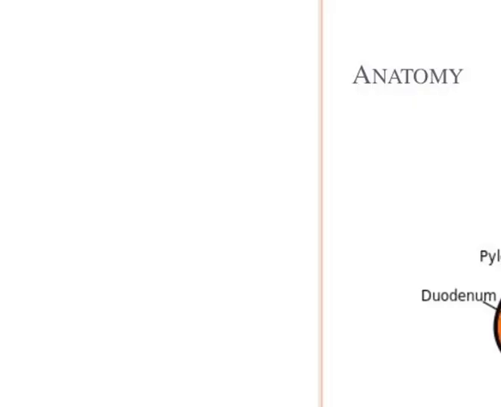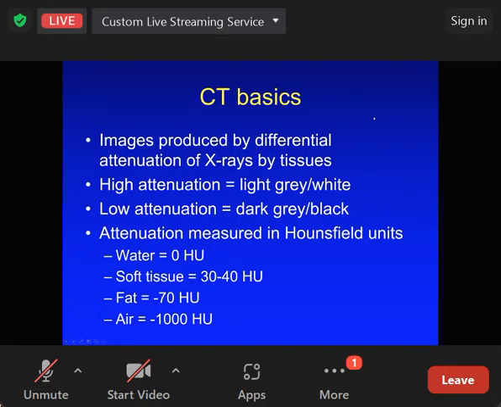We present the imaging in what's called a grayscale. So the body is divided up into a lot of pixels, as we have in any digital imaging. In radiology, the resolution of CT is not high at all. So we generally use a matrix of 512 by 512. So nothing like your mobile phones, which give a much higher resolution.